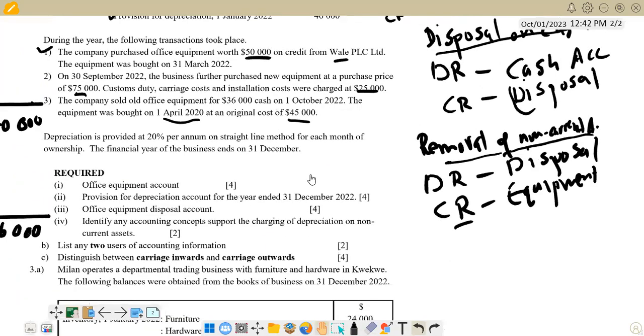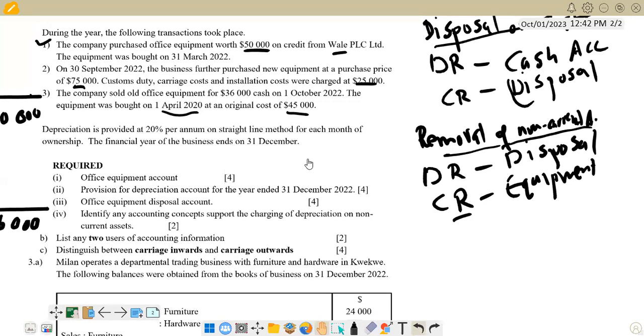Remember, it was bought on 1 April 2020, and we are told it was sold on 1 October 2022.